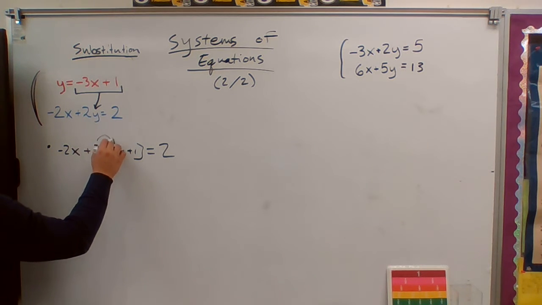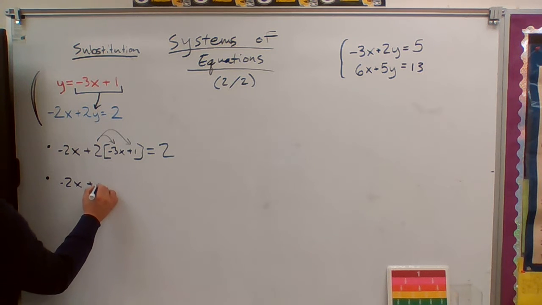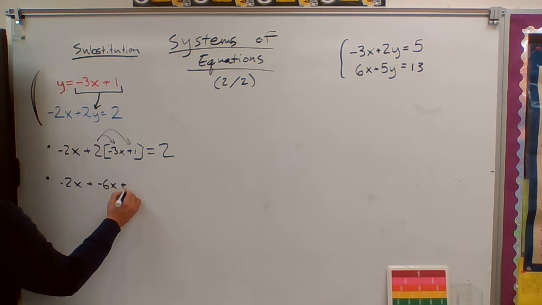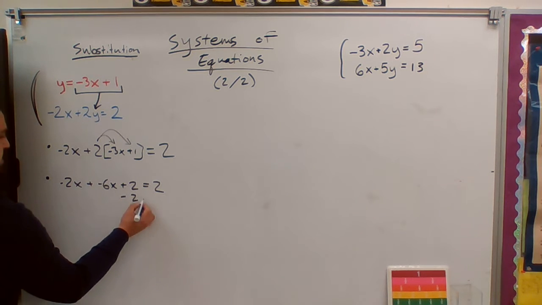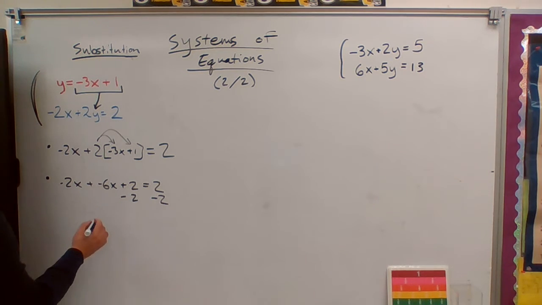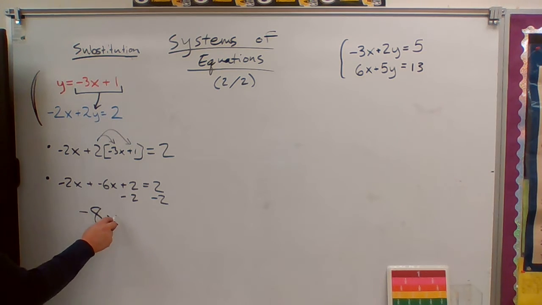All right, let me distribute my 2 in, and I'll be left with negative 2x plus negative 6x plus 2 is equal to 2. Let me combine these like terms real quick, negative 2x minus 6x, getting negative 8x.